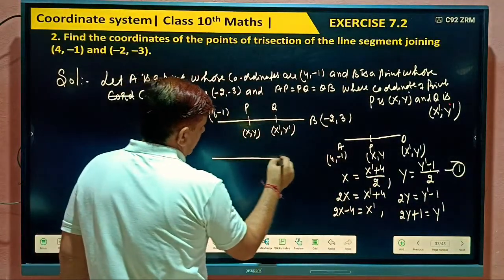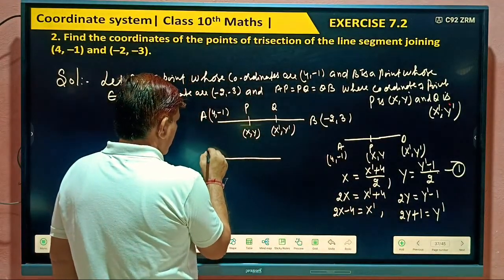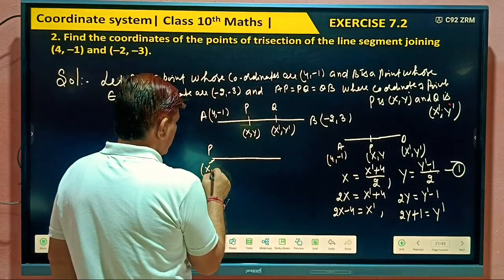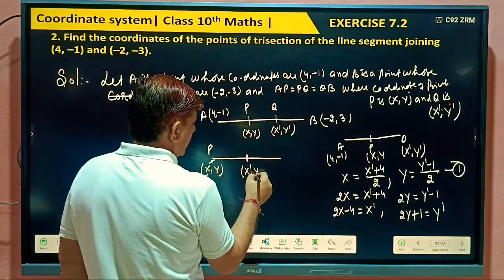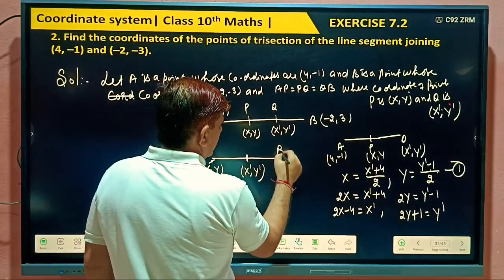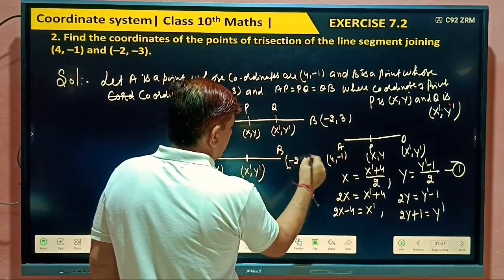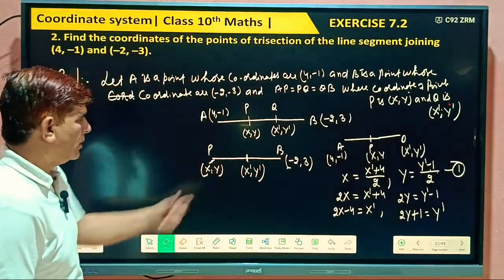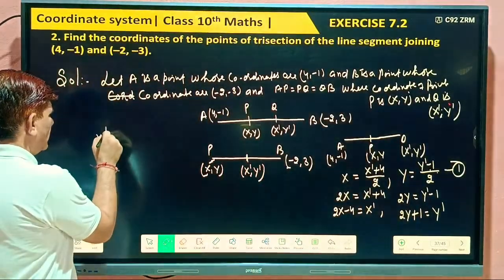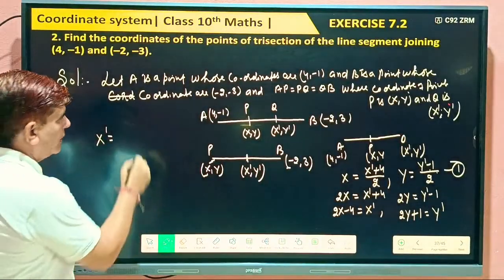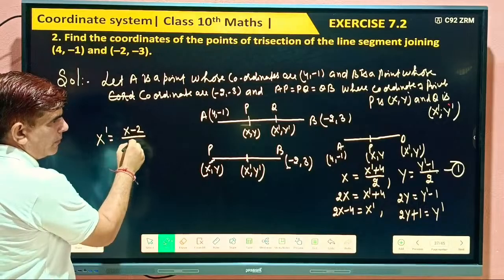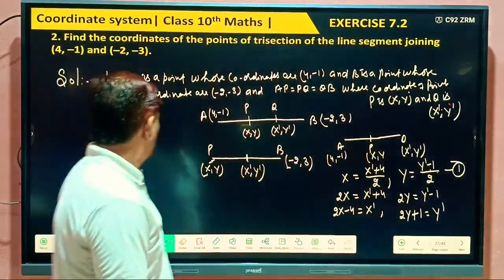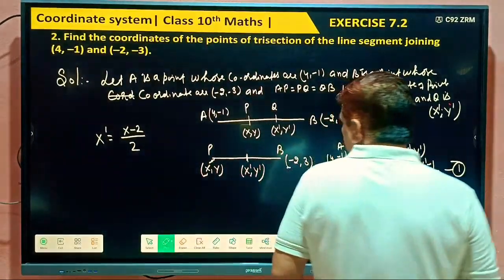Then we have taken this P whose coordinates are x and y. Q is a point whose coordinates are x dash, y dash. And this is B whose coordinates are -2 and 3. So by using the midpoint formula, x dash is equal to (x plus 2) by 2. Understood?